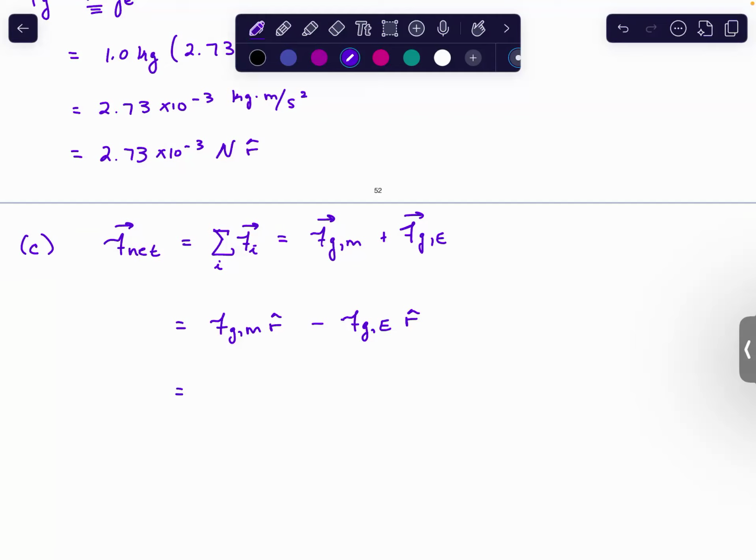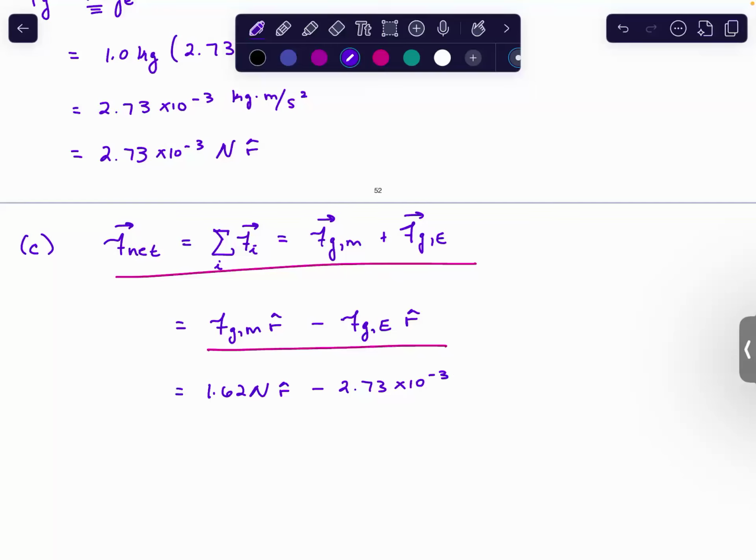Now we can plug numbers in and solve for this. Again, we have our theorem. We switch it up to the equation we can plug numbers into. This time, the variable we're solving for is already solved for, the total force. And then we put in 1.62 newtons, r hat, minus 2.73 times 10 to the negative third newtons, r hat.